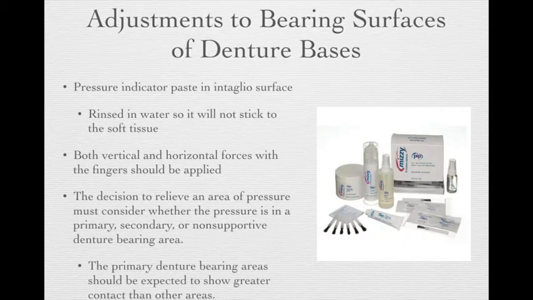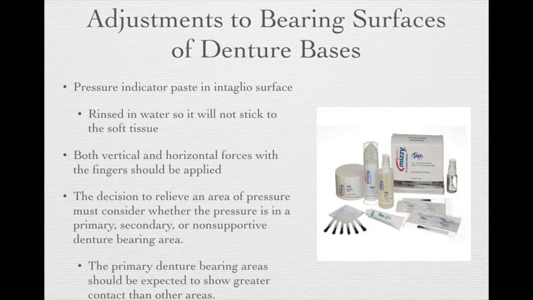So how do we adjust the bearing surface of a denture base? We should use a pressure indicator paste, which we likely call PIP in the clinic, on the intaglio surface. Sometimes when patients lost a tooth or have xerostomia, their mucosa is very dry. It might affect the PIP indicators.